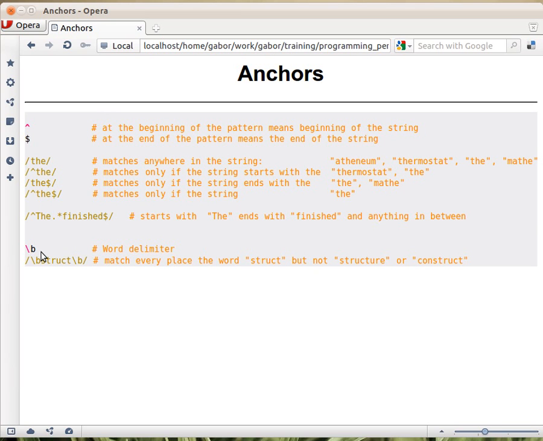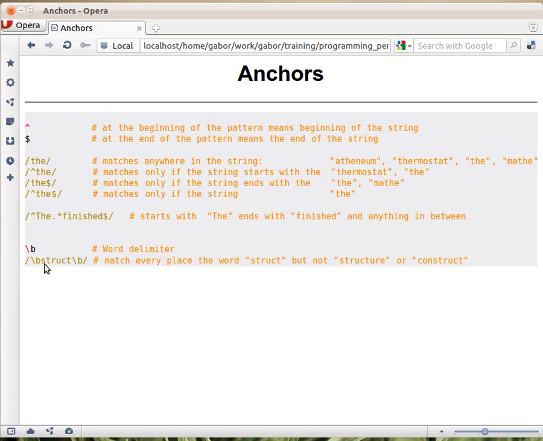So where would you use that? Let's say you are looking for the word struct, and you want to make sure that it matches just the word struct, but not structure or construct, where struct is part of a word. So you would write that before the S there should be a \b, and after the T there should be a \b, there should be an end of word. If after the T there is a letter, then this will fail.